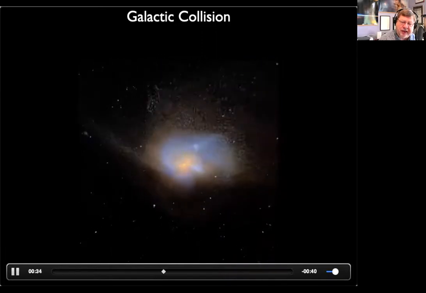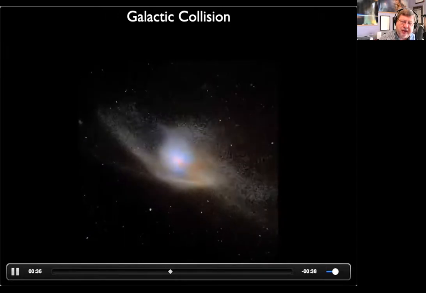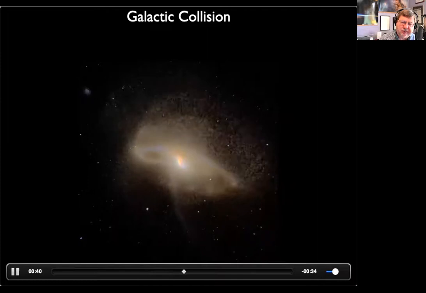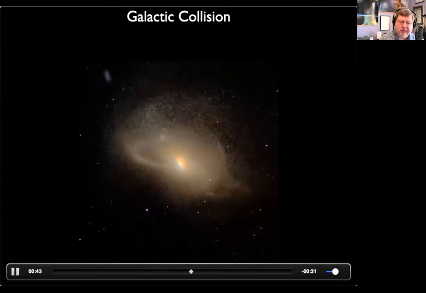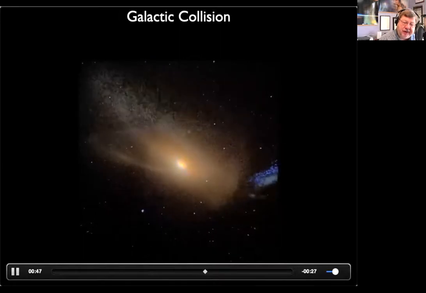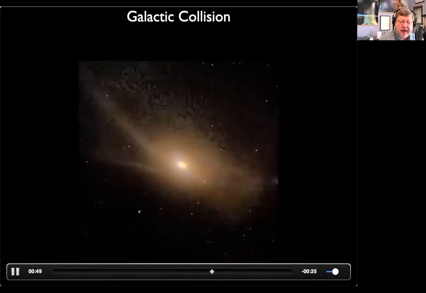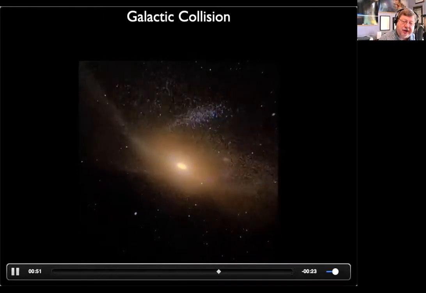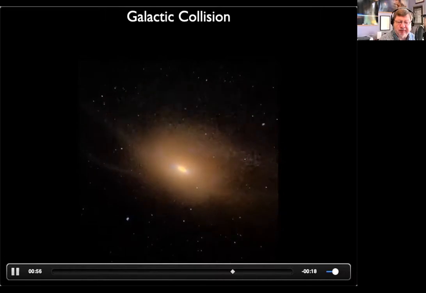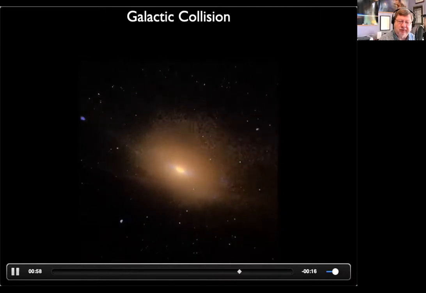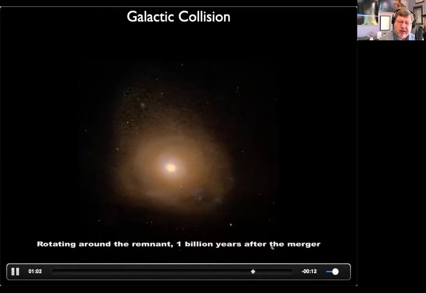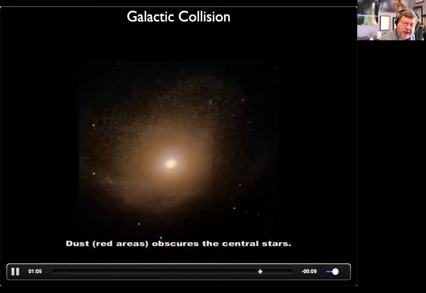And now these galaxies slam into each other again, produce another burst of star formation. The nice thing about these simulations, they just use Newtonian gravity. And to make these simulations, all you need is really, really big computers that you can follow a lot of these particles. So this collision took 1 billion years.